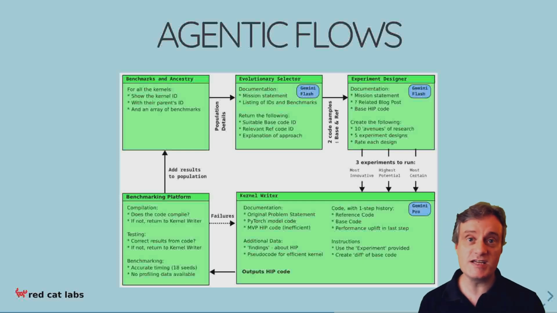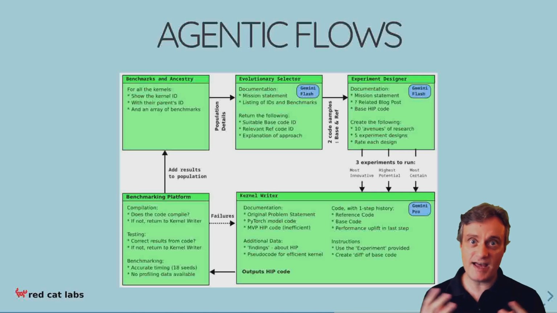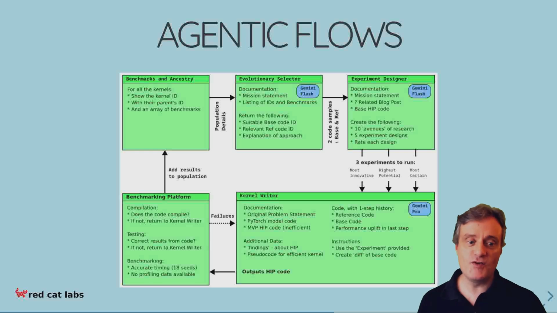In the top right, we've got the experiment designer. Basically, this is kind of a prompting strategy, I get it to create a variety of avenues which might be interesting for experiment, and then from those I get it to design multiple experiments, more than I need, but also these estimates of the potential performance improvements, and also the innovativeness, and then from that I just choose 3 experiments to do, which then causes the one in the bottom to actually write the kernels to follow the guidelines which it just proposed to create 3 new kernels which it can then test, which is over in the bottom left.